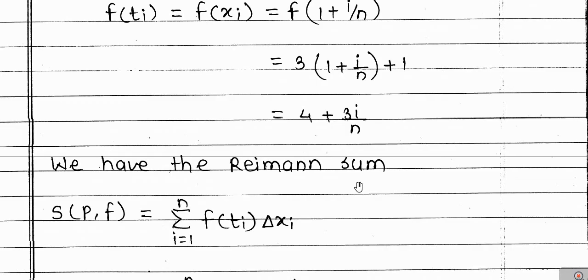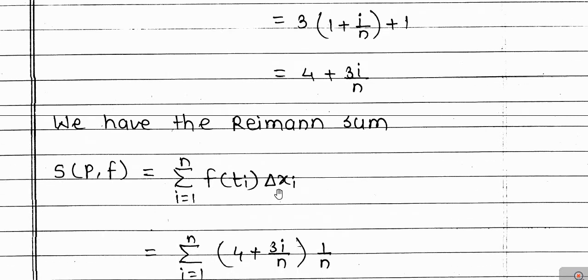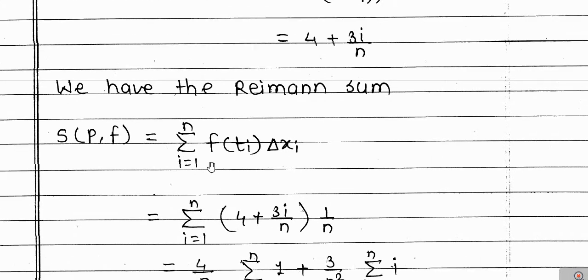Next, by definition the Riemann sum S_P f is equal to the summation over i equal to 1 to n of f of ti into delta xi. Now put the values of delta xi as well as f of ti here. So it is equal to the summation over i equal to 1 to n, and f of ti we have just computed, it was 4 plus 3i by n.